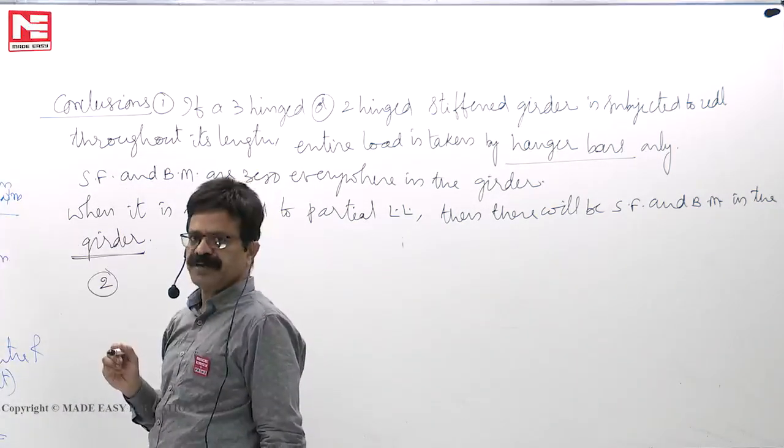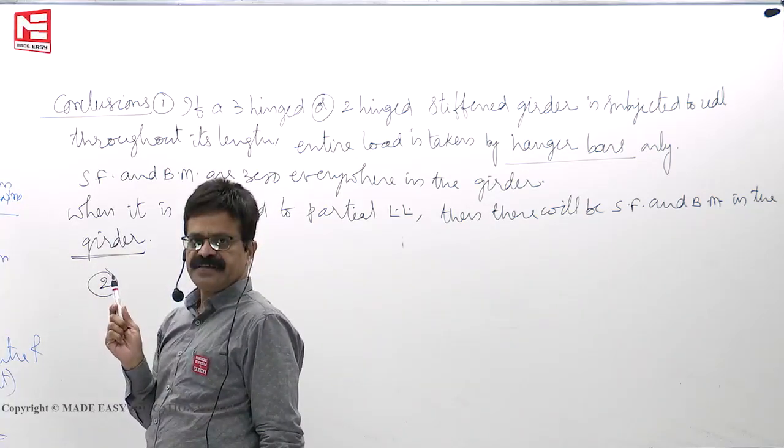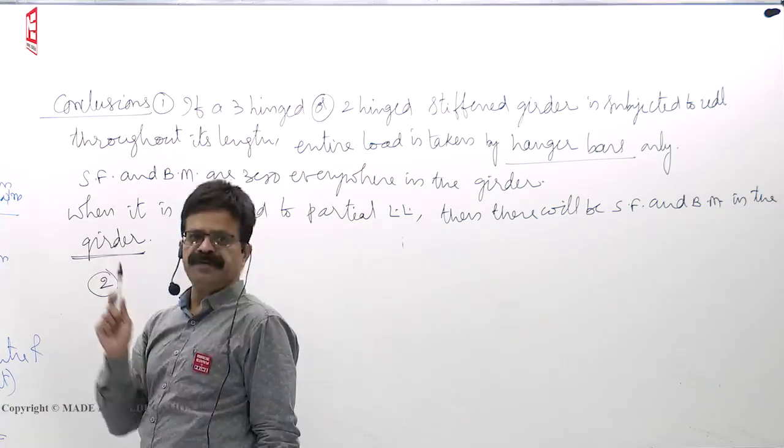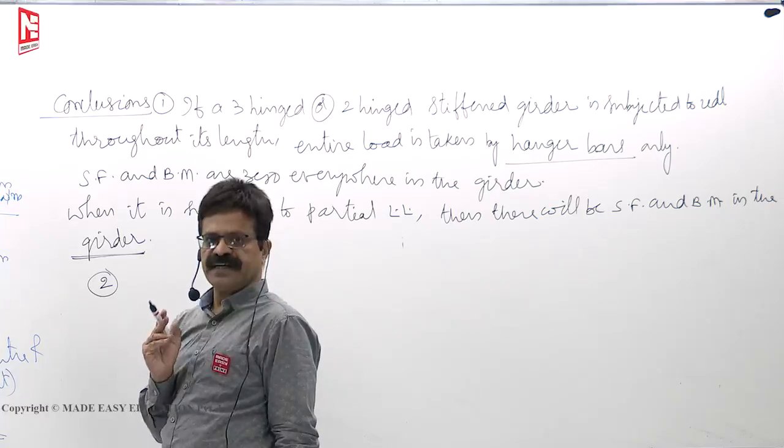Stiffeners means hanger bars. The purpose of the stiffeners or hanger bars is to reduce the bending moment and deflection in the girder.